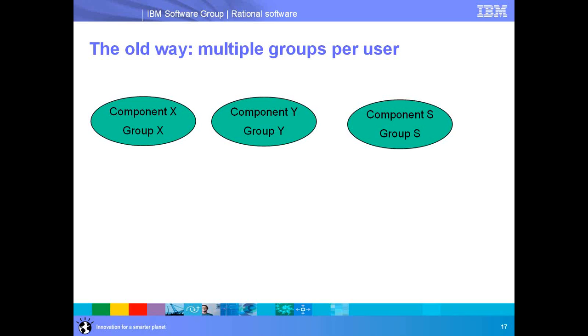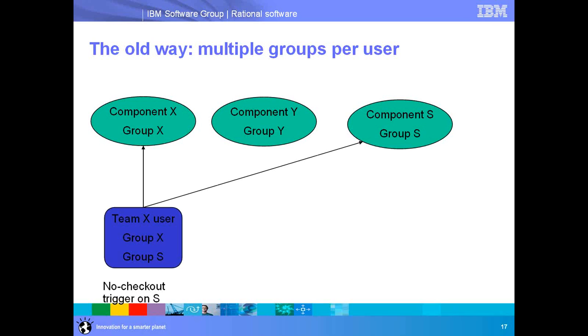So you would go on creating 3 different groups, Group X, Group Y, and Group S. Let's say there is one user who is part of Group X, and he would need complete access to component X. So you would obviously add him to Group X, and he would also need read-only access to component S. So you would add him to Group S.